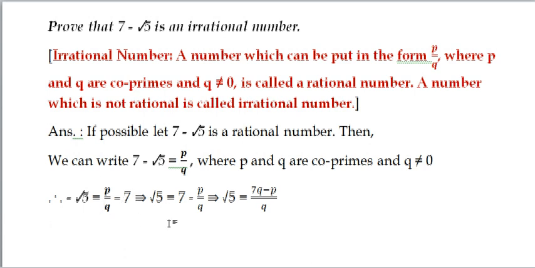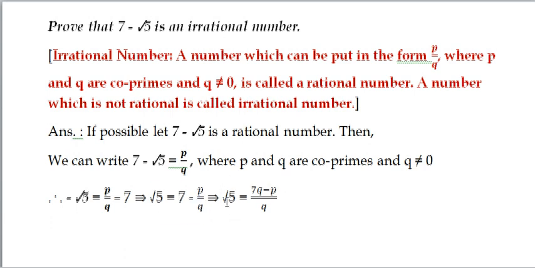In an equation we can change the sign of all the terms. Here root 5 becomes positive, 7 which was negative becomes positive, and p by q which was positive is now negative.